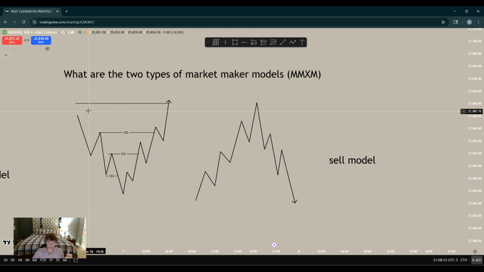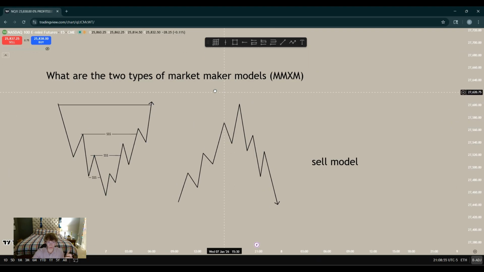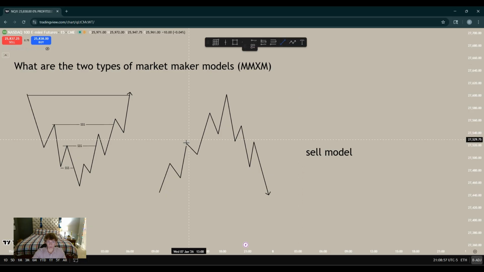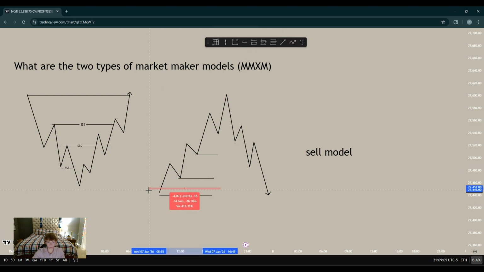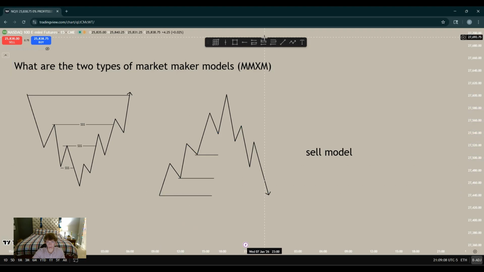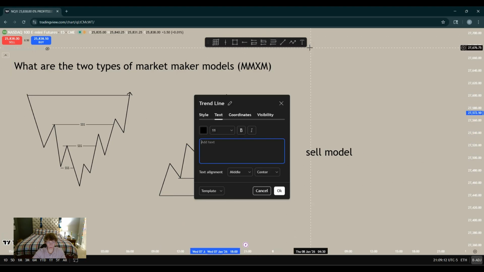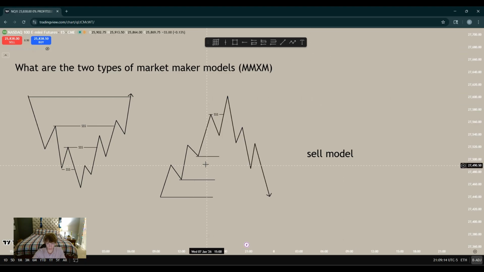The reverse of it is the market maker sell model. We have liquidity below the lows, as well as above highs. So we take out the liquidity, we sweep liquidity, and then where can we target now?